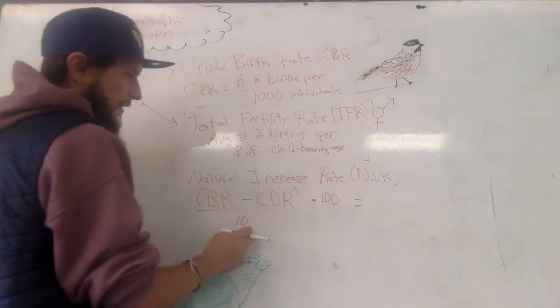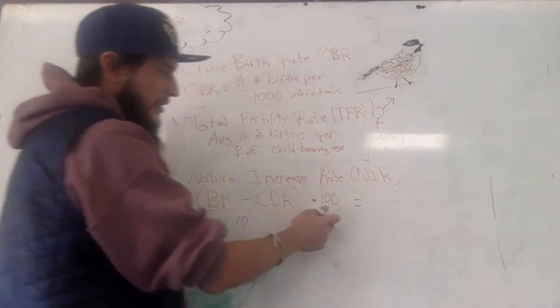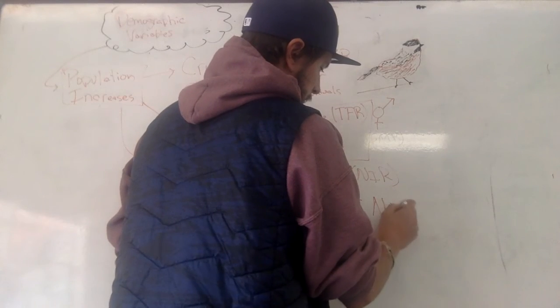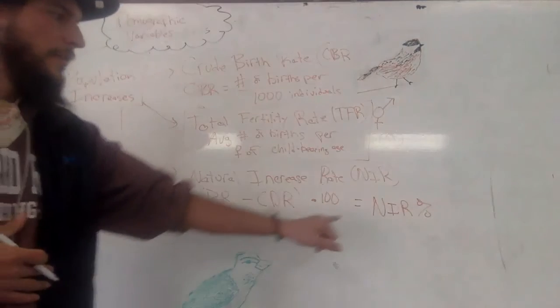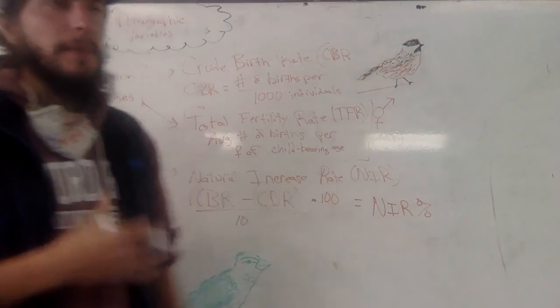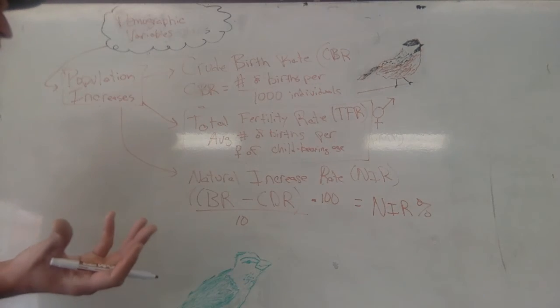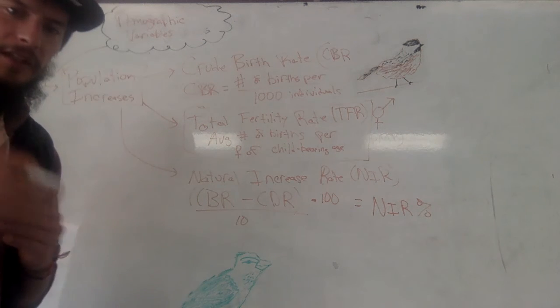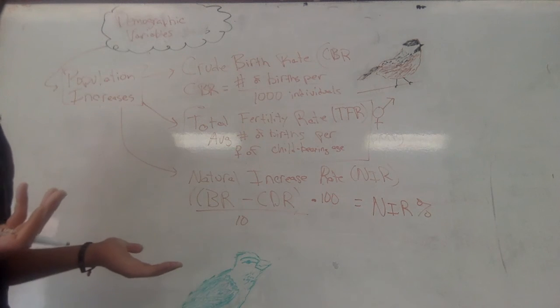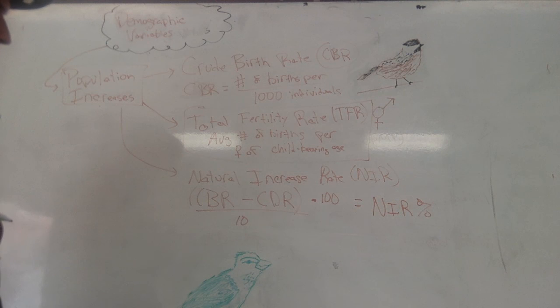The reason we're doing this is because it will end up as a percentage. So this will tell you by what percent your population is growing per year. If it's growing by 100%, that means your population is doubling, which should be really, really fast. So there's the natural increase rate.